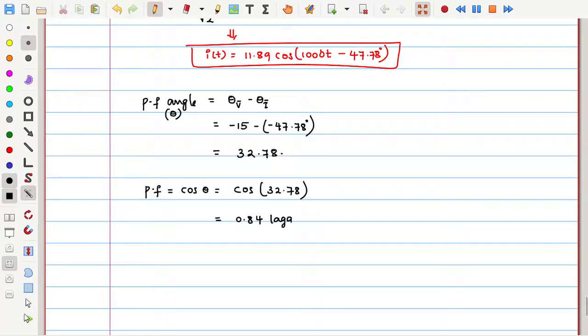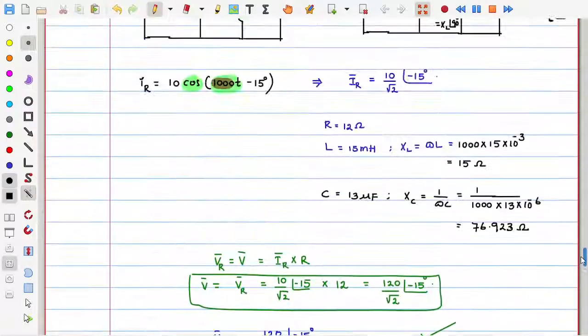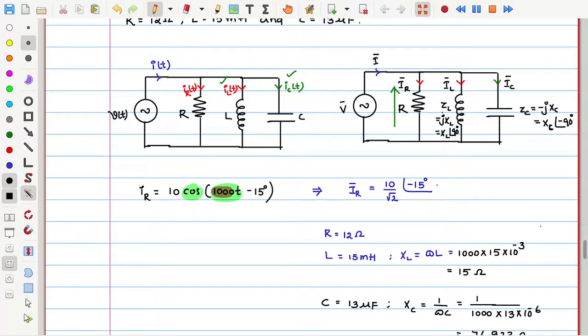If you get theta positive, that is lagging nature. If you get theta negative, that is leading nature. So in this way you can calculate some of the other parameters also. Which is simple, but you should be very careful in dealing with the phasor domain. All algebraic calculations I do in phasor domain. If required, I will convert back to the time domain. Clear? So okay, thank you.